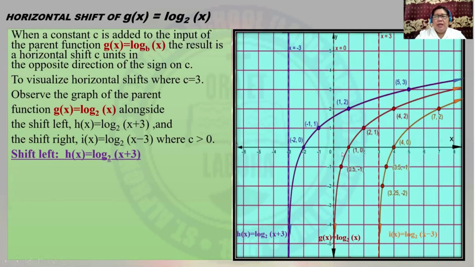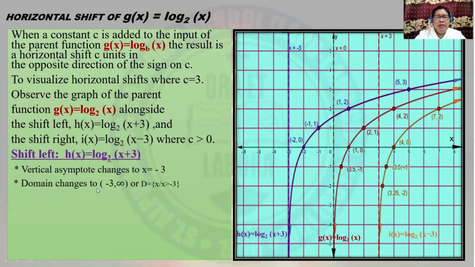So if it is positive 3, you have to move 3 units to the left. So from here, 1, 2, 3. So it's 3 units. And from the vertical asymptote, you have to move also 3 units. So meaning the vertical asymptote changes to x is equal to negative 3. The original, that is x is equal to 0.